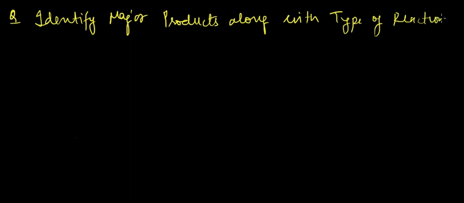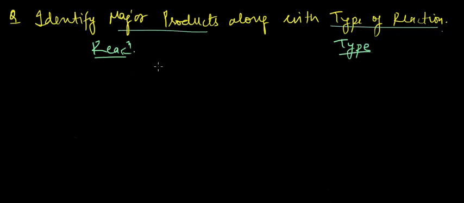Okay, we'll just see one example and then we'll take the rest in the coming video lecture. So we have here a reaction, and you have to identify the major products along with the type of reaction.